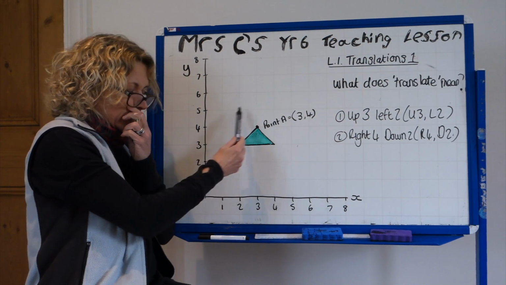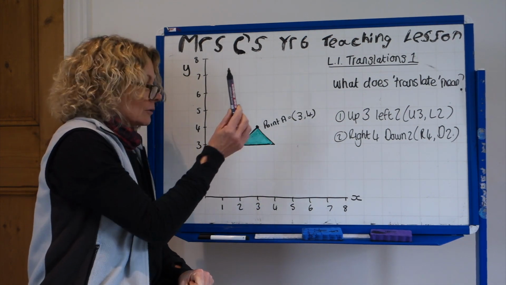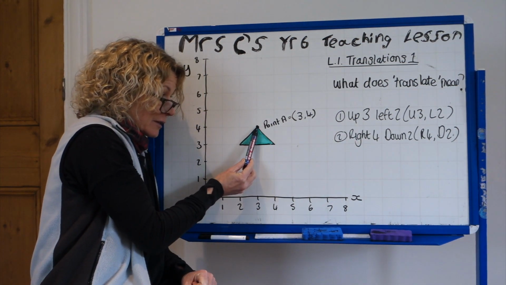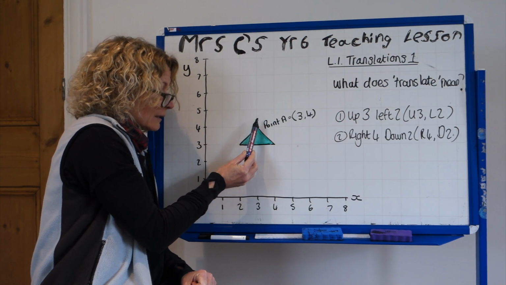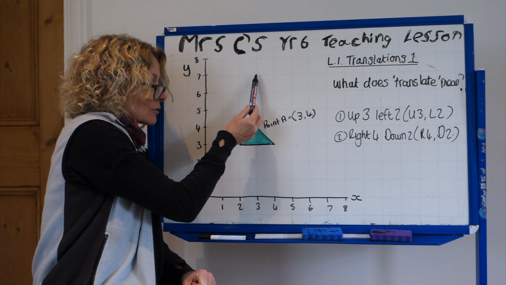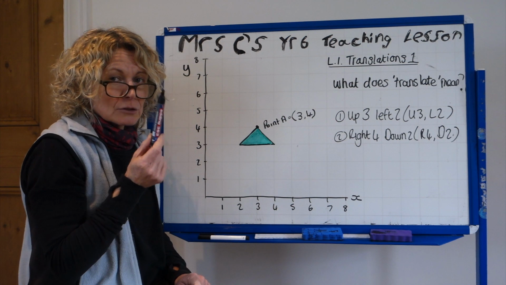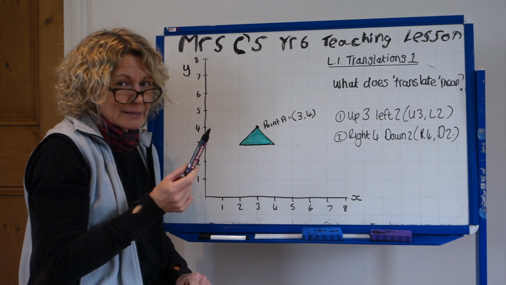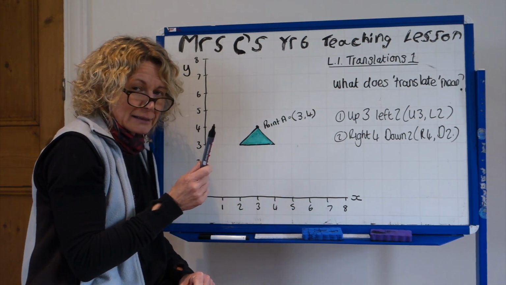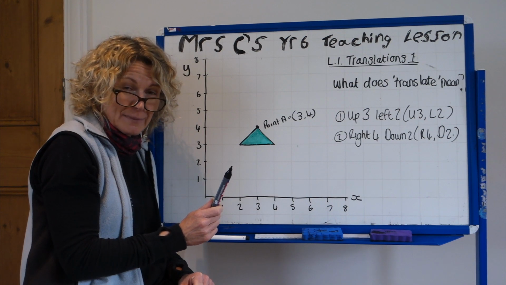If you've copied this like I asked you to, what you should be able to do now is follow this and move this point up 3, 1, 2, 3, and across 2, 1, 2. Can you now draw the new triangle in the new place and write the new coordinates for point A? Pause the video while you do that and I'll do the same. See you in a minute.